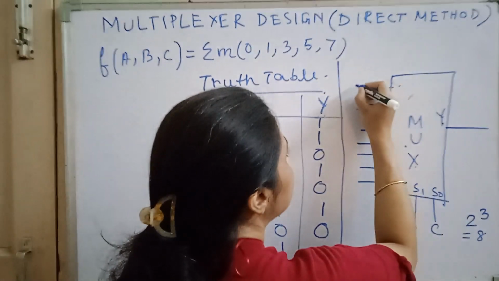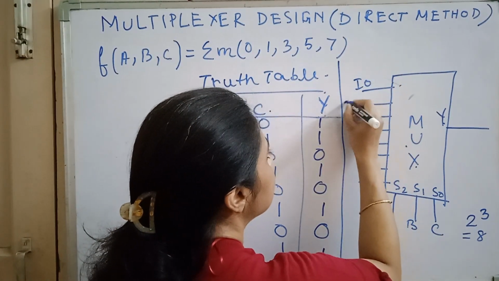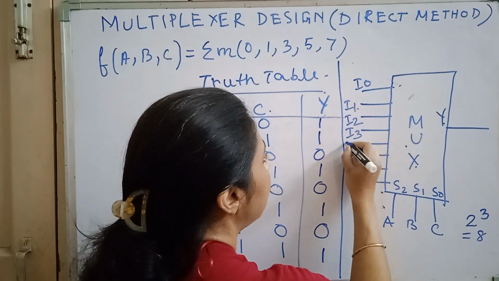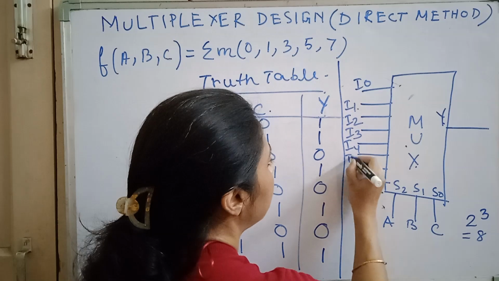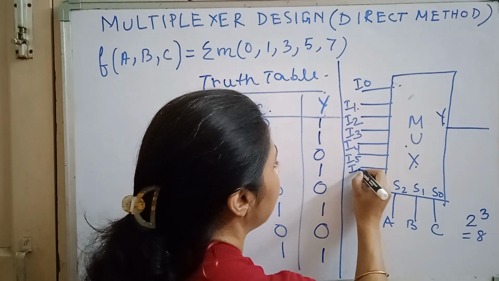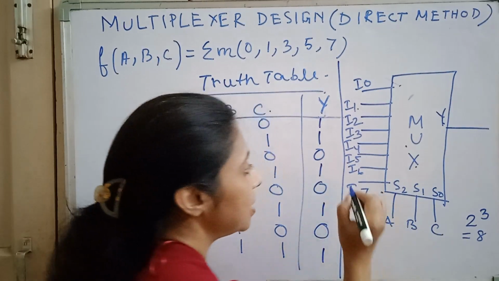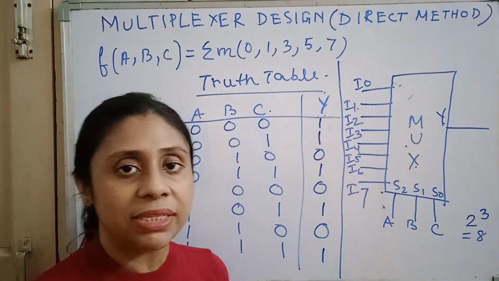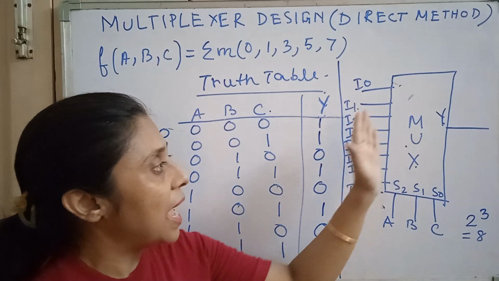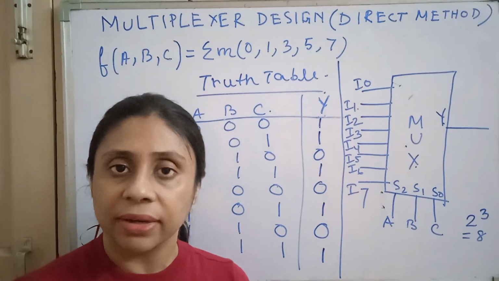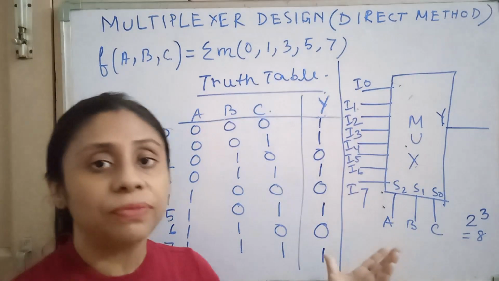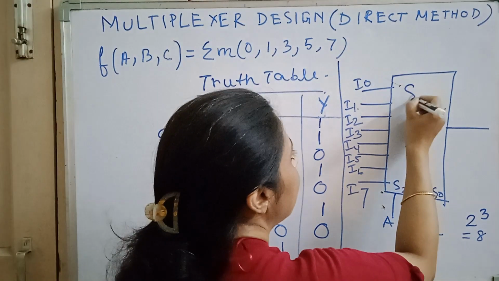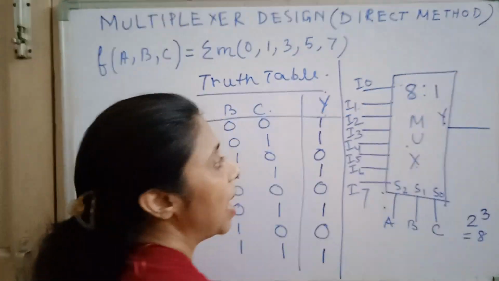So this is I0, this is I1, I2, I3, I4, I5, I6 and I7. These are the input lines starting from I0 to I7. There are 8 input lines and only one output line, right? So what is the size of the multiplexer? 8:1, right? So this is an 8:1 MUX.